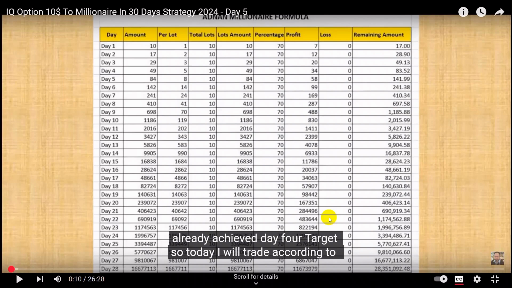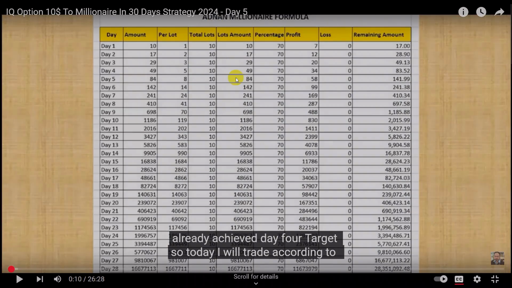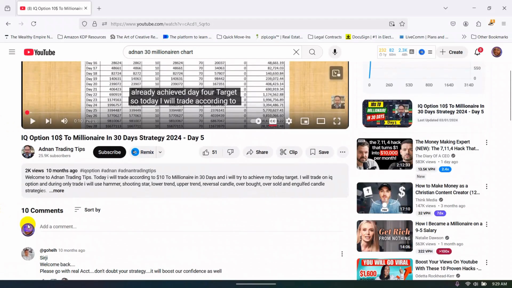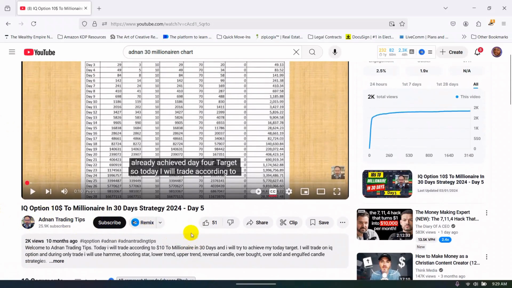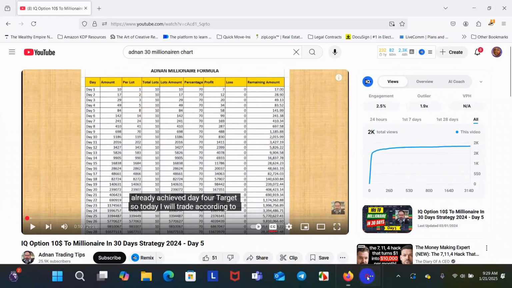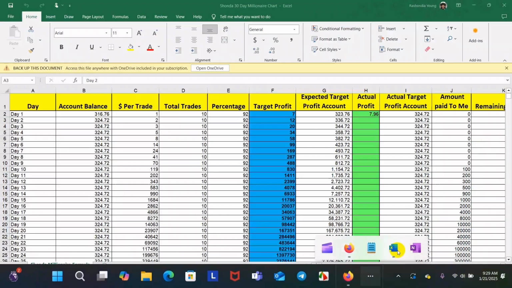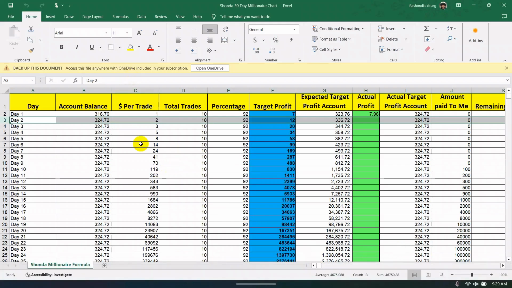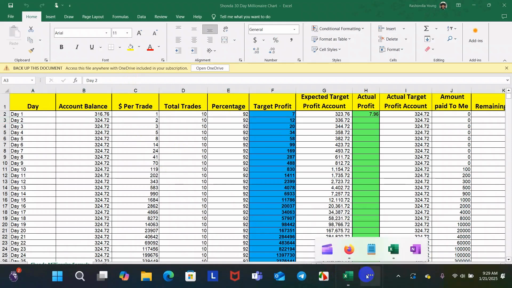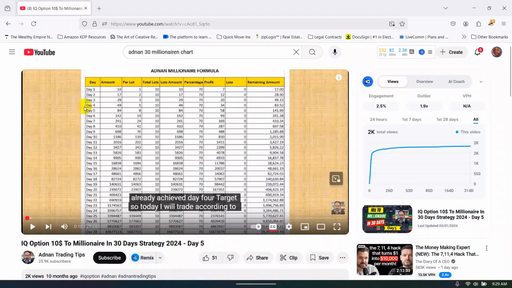Anyway, adding in trading tips is the YouTube channel that I got this chart from. And as you can see, I actually went and made the chart based on what his chart looked like, everything inside the chart, and the only thing that I took out was the losses.